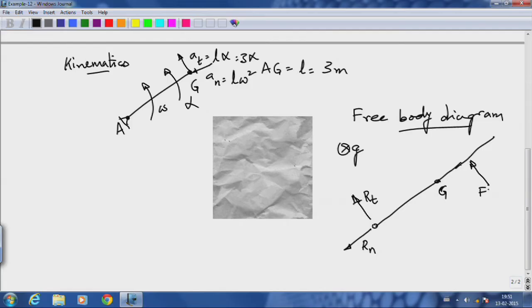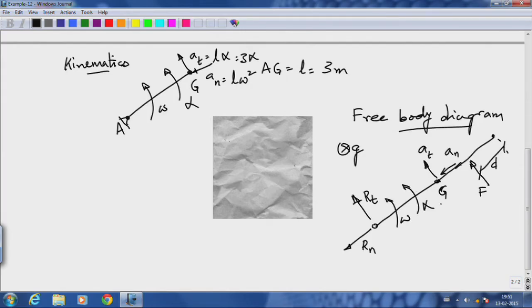A force F is acting a distance D from the end of the rod. Okay, we have the tangential acceleration AT that we decided earlier, a normal acceleration AN, omega and alpha.